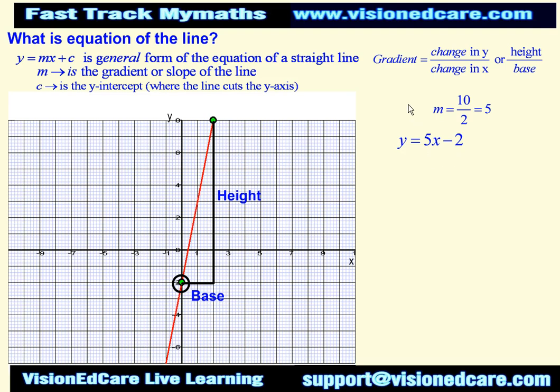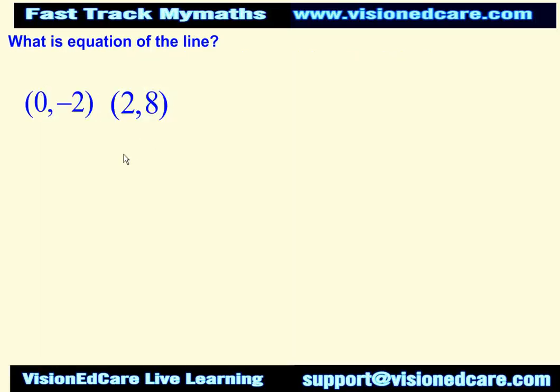Now the next thing we are going to do is to form the equation of a line when we are given 2 coordinates. So let's have a look at how this is done. Here we're given 2 coordinates and we want to form the equation of the line.